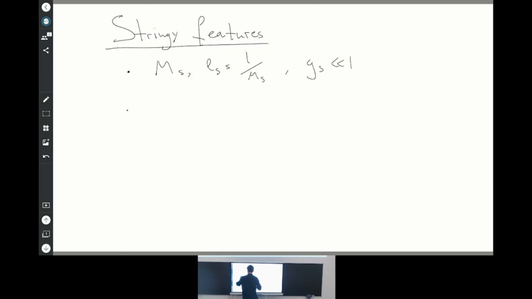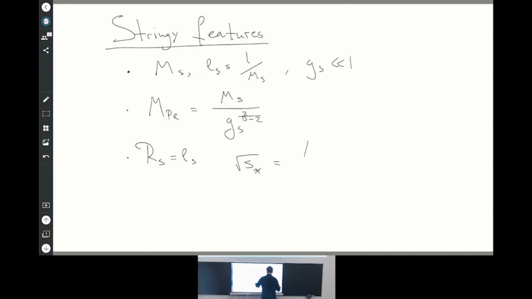Then there is a Planck scale, which is given by ms divided by g string to the power 2 over d minus 2. Then there is the correspondence point, defined by Schwarzschild radius equal to string length, and this corresponds to S star equal to ms over gs squared.